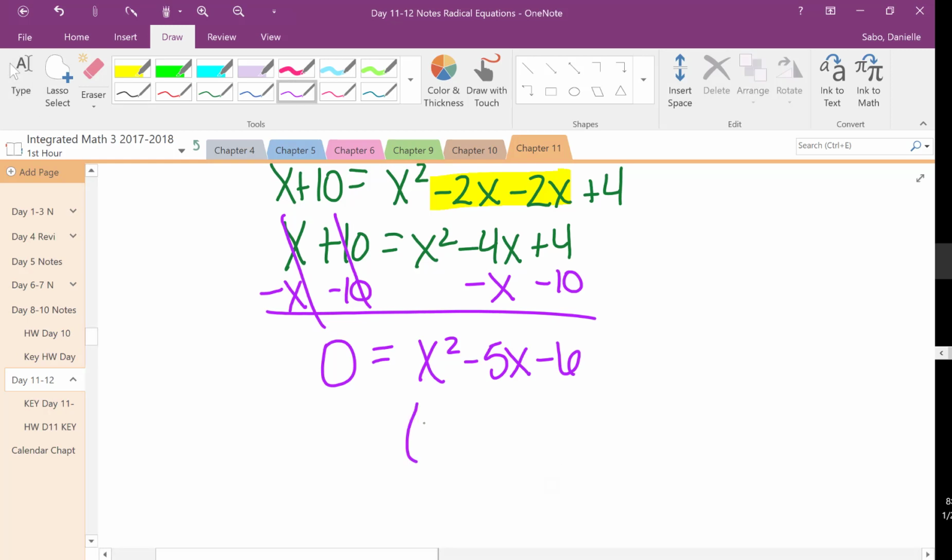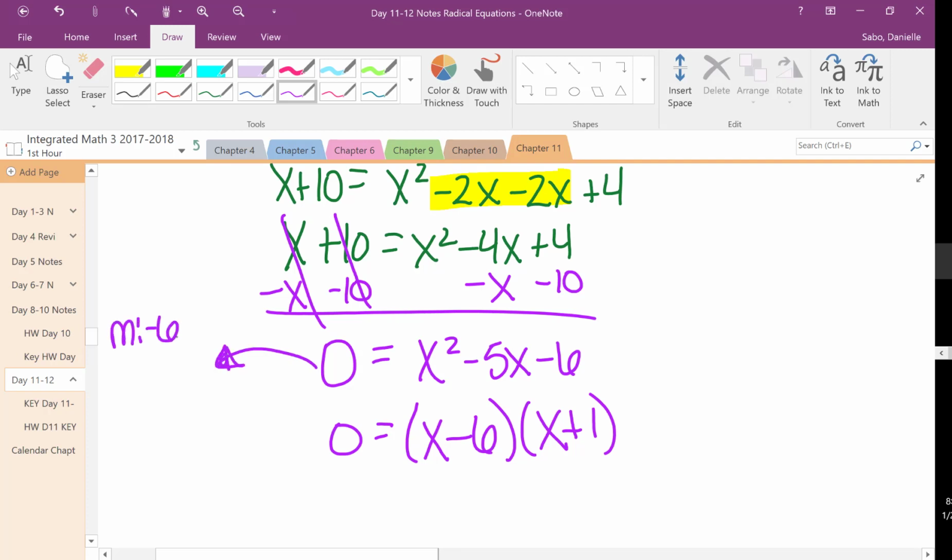Yeah, we got x minus 6 and what? X plus 1. Very good. So if you forgot how to factor, you're asking yourself what multiplies to negative 6 and adds to negative 5, which was negative 6 and 1.